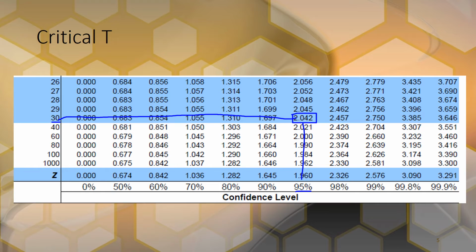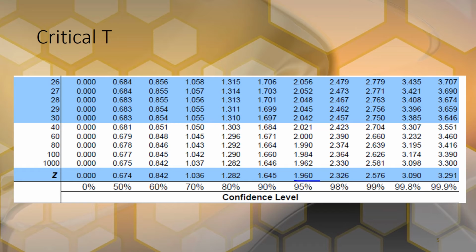And actually you can kind of see that here, it also has the z's for the confidence levels. So for a z, it would be 1.96. So this might also be helpful for doing confidence intervals with the z-distribution.